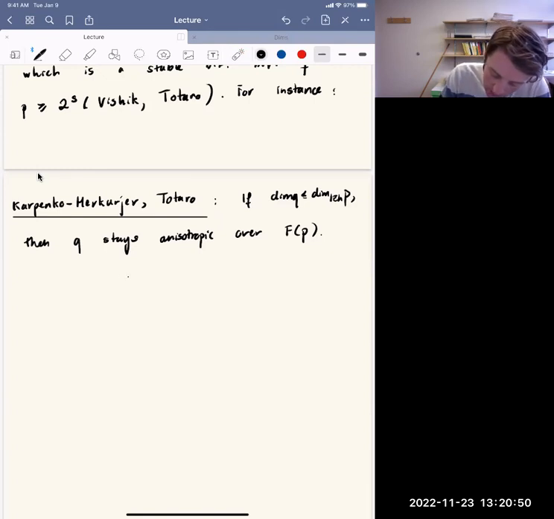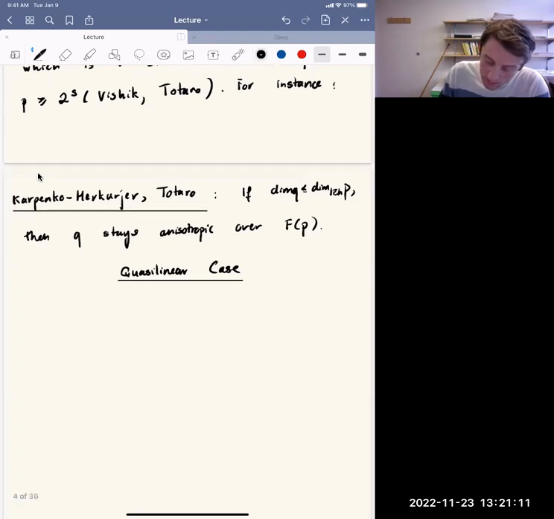So I'm now going to pass to this very special case. So this is in characteristic 2, but even if you don't care about quadratic forms in characteristic 2, the point is that the conclusion leads to some conjecture, which should be quite interesting for specialists in the theory of quadratic forms.